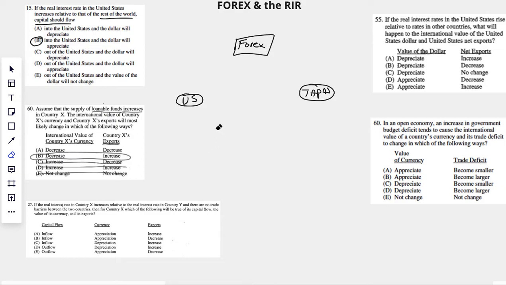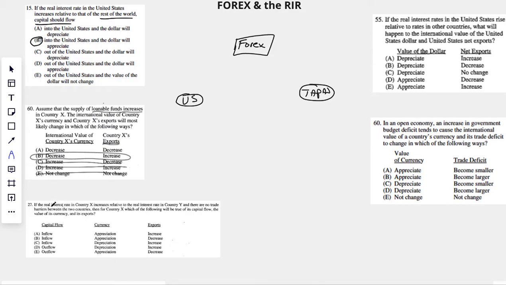But obviously, there's a lot of stuff that changes with the foreign exchange. So we really have to understand what happens to the price level, and how to read these questions to make sense of them. It takes a lot longer and a little bit of work to make sure that we can read them and know how the College Board is asking these questions and what they're looking for.